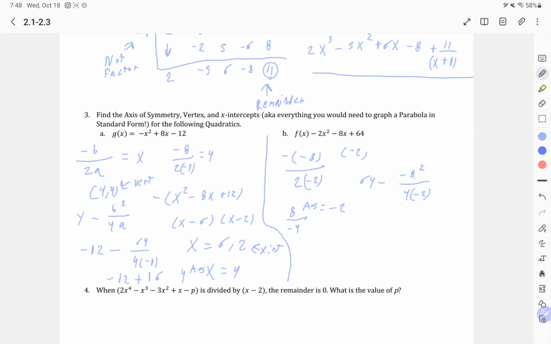Right, now what that does is this is 64 over -8, minus 64. Well, 8 times 8 is 64, so big brain move, so it's positive 8, 64.